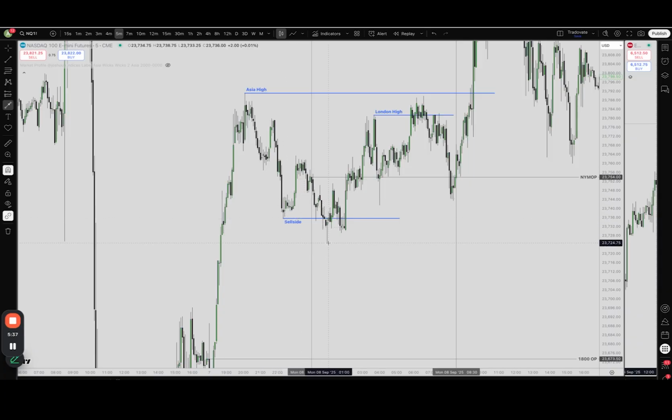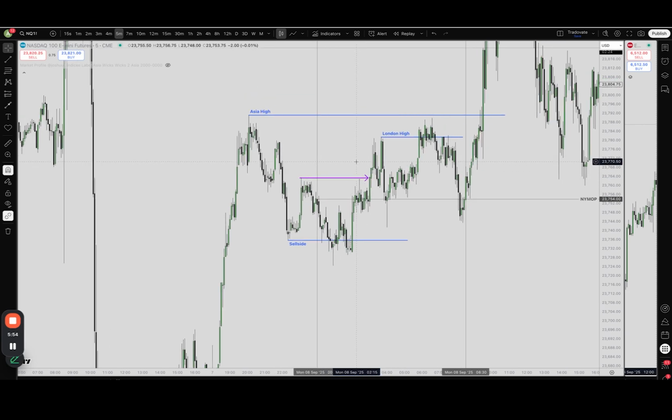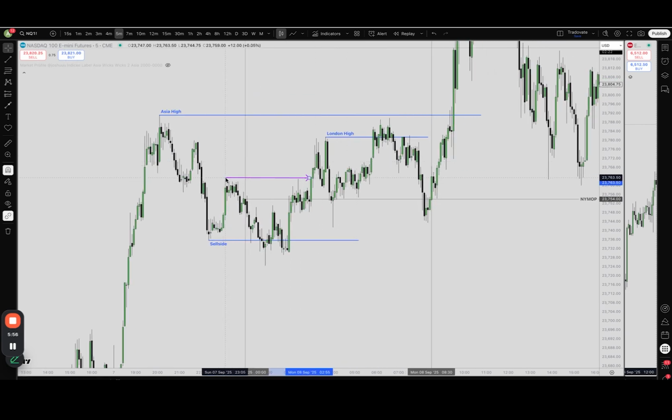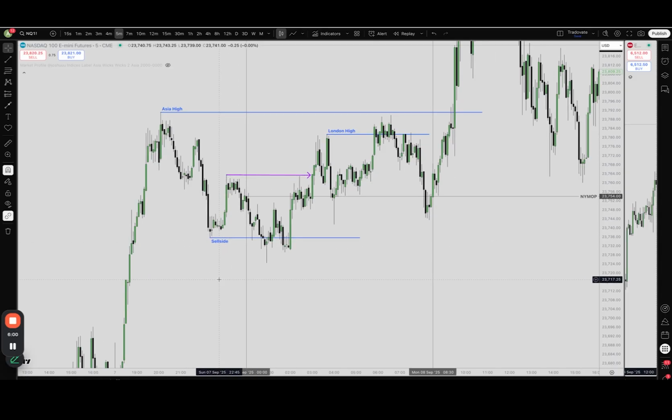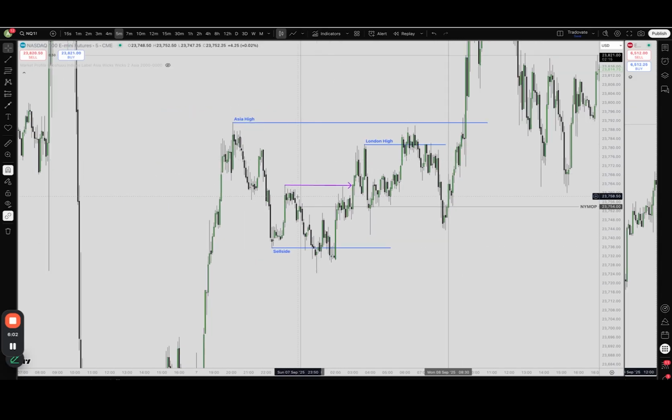Now notice what happens. Price pushes up. We come down. We fail to take out this low and we push up. This is technically a market structure shift right here, but I'm not going to count this one. I'm going to count this one because this is the high that initiated this run down. So once we break this structural high here, because it's the high that put in the new low beneath sell side, I'm now expecting price to come up into Asia high.